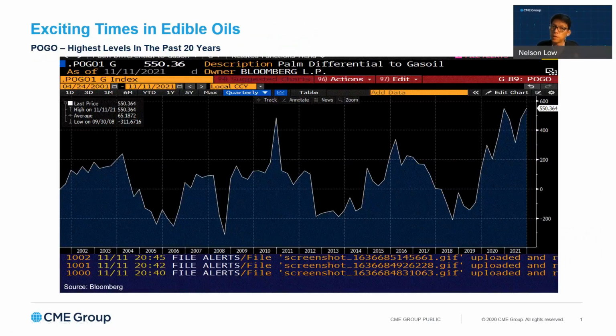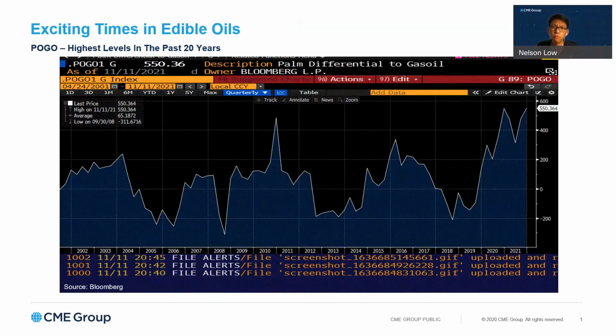Okay, so besides that trade between the two edible oils, there are other spreads that people look at. And one of the spreads that people look at, and I'll come back to the spread trade between palm oil and soybean oil in a matter of time, but let me touch first this spread trade between palm oil and gas oil.